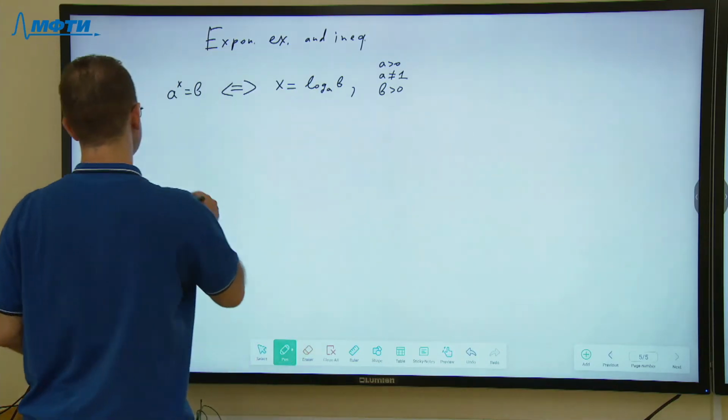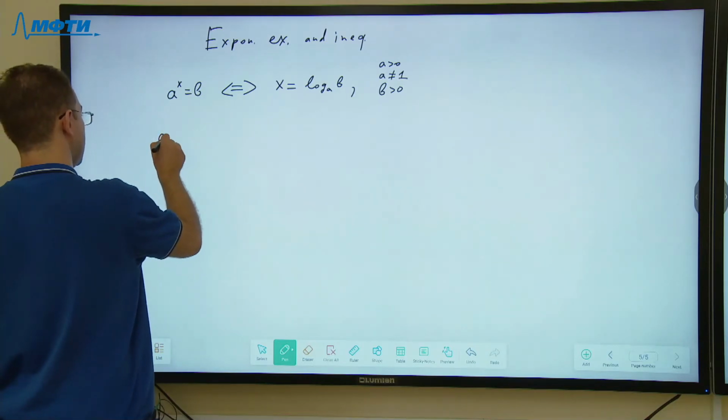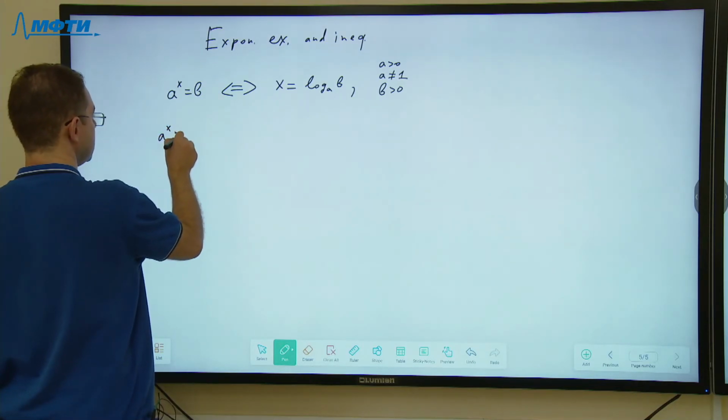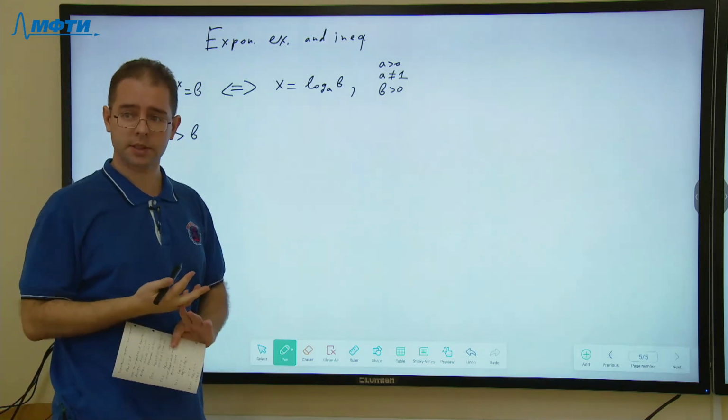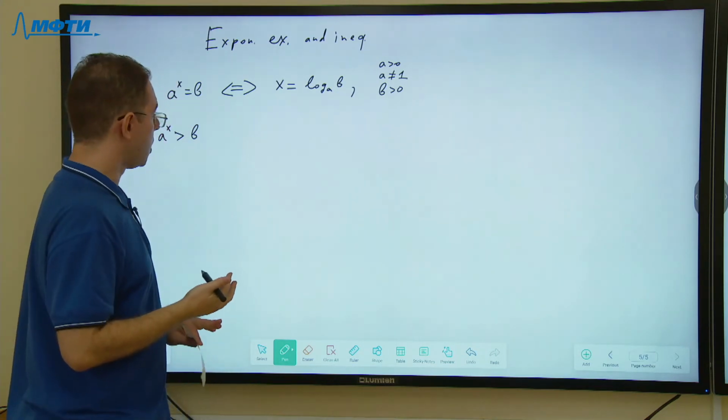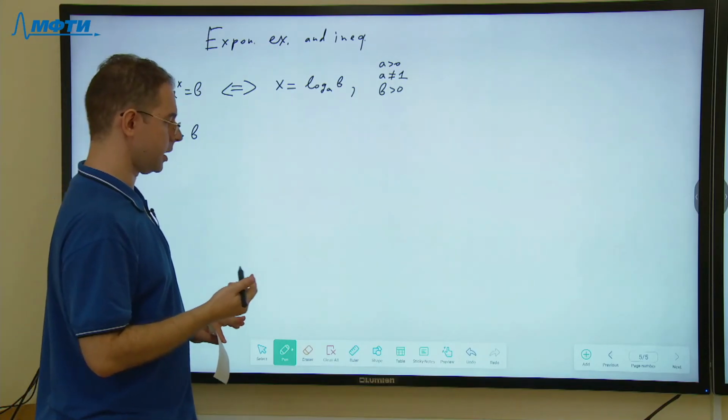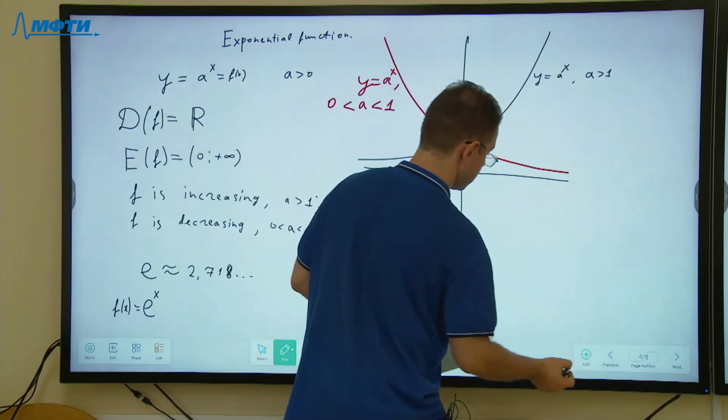A bit more interesting is an inequality. A power x is greater than b. Once again, let me show you this picture.